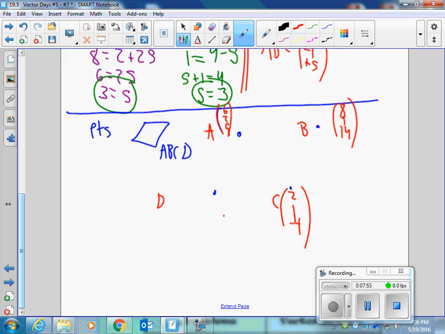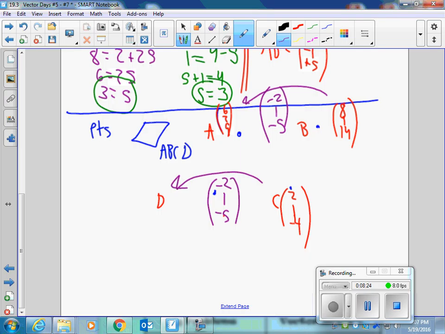Everybody okay with that? Once you draw it this way, what are you adding here? 8 minus 2, 1 plus 1, 14 to get to 9 minus 5. So if you do that here, minus 2 plus 1 minus 5, you should be able to get D. 2 minus 2 is 0. 1 minus 1 is 0.